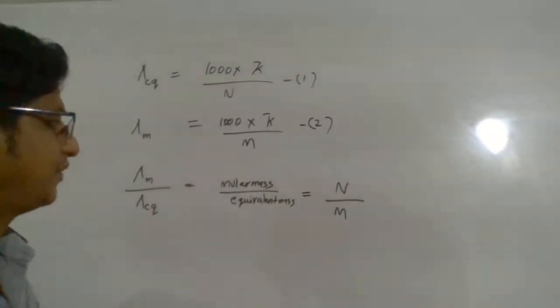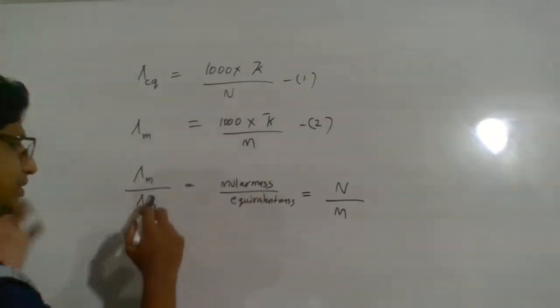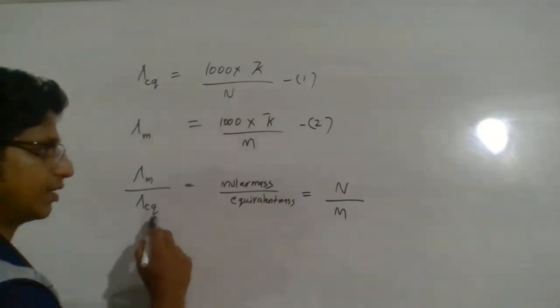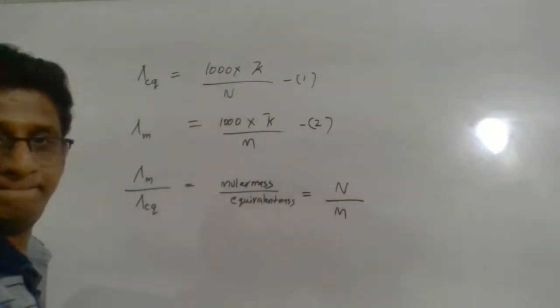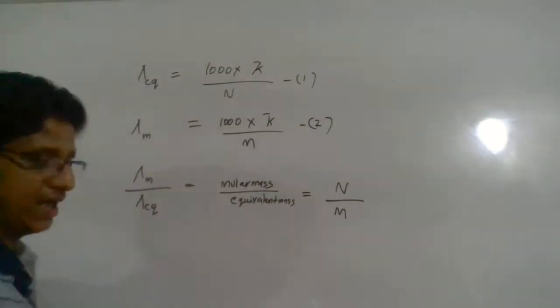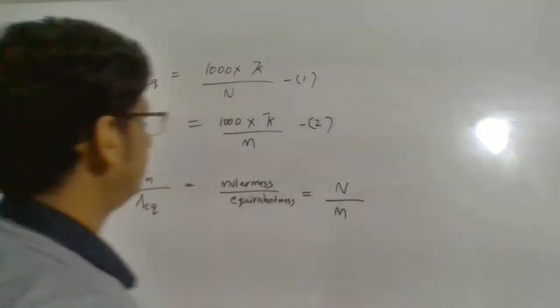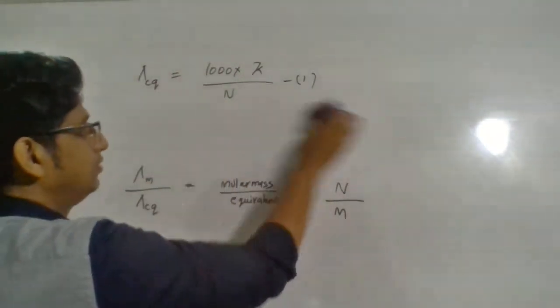That's the way you can find a relationship between these two. Either you remember one of them, lambda m divided by lambda equivalent is equal to N by M. If you have the relationship, you can find the ratio between lambda m and lambda equivalent. Please note it down.